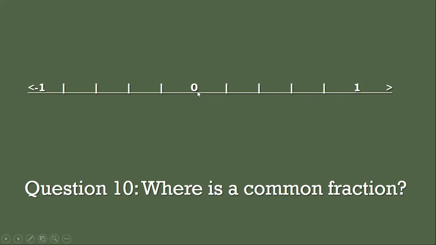If I have 2/5, 1/5 will be here, 2/5 will be there. So if I have 2/5, it sits in the space between 0 and 1. It is only when I have a negative fraction that it will sit there. Minus 2/5 will sit there. But in the intermediate phase, we are not talking of negative fractions.